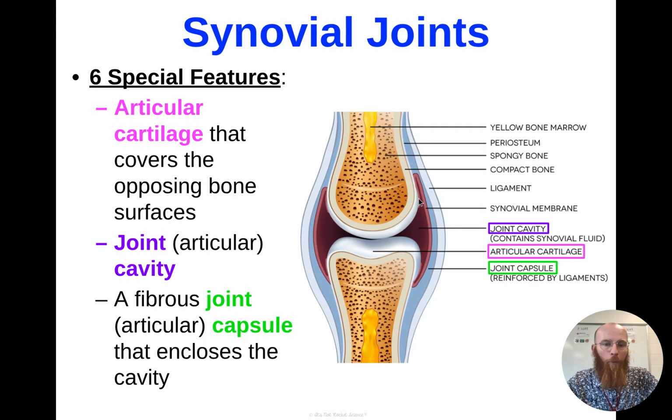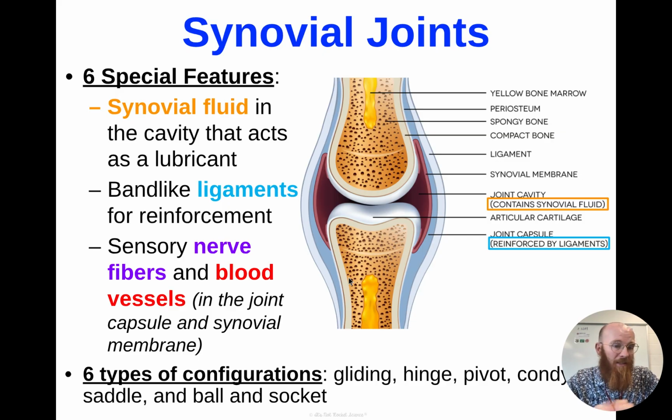We have in purple the actual cavity itself, so this joint cavity that contains the ends of both of these bones. And we have the joint capsule itself, so it's a fibrous articular joint capsule enclosing the entire cavity. So the joint cavity is this internal portion. The capsule is the surrounding capsule reinforced by ligaments for structure's sake.